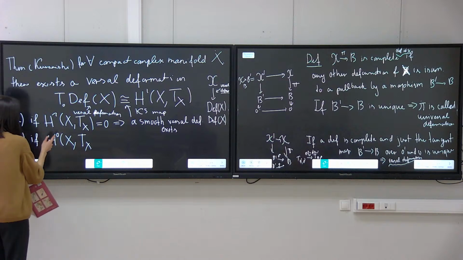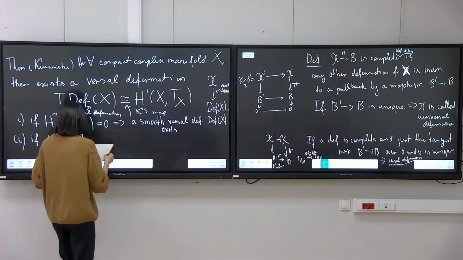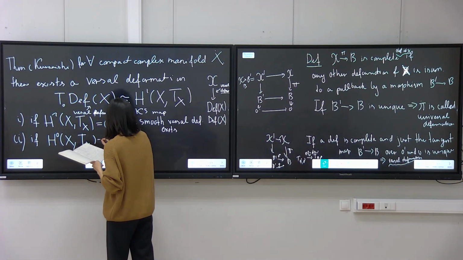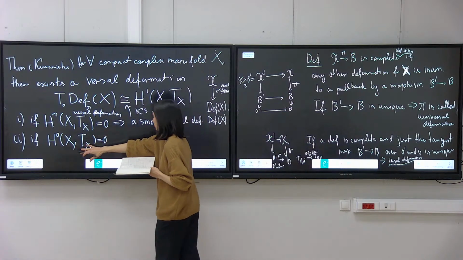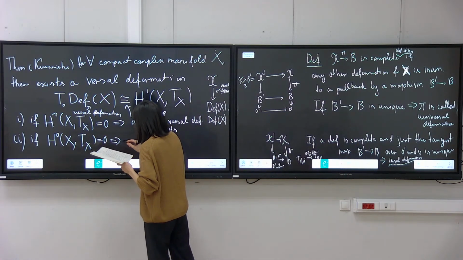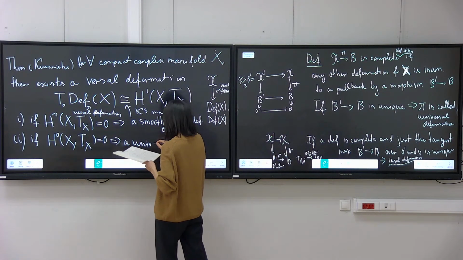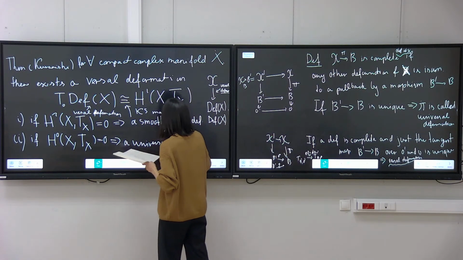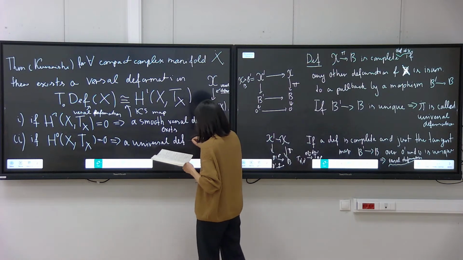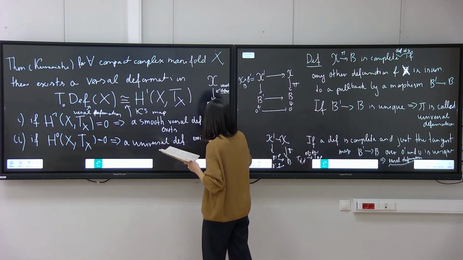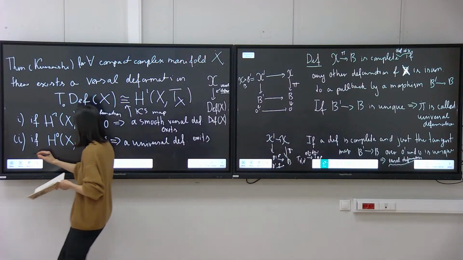So if global sections of the tangent bundle vanish, then a universal deformation exists.